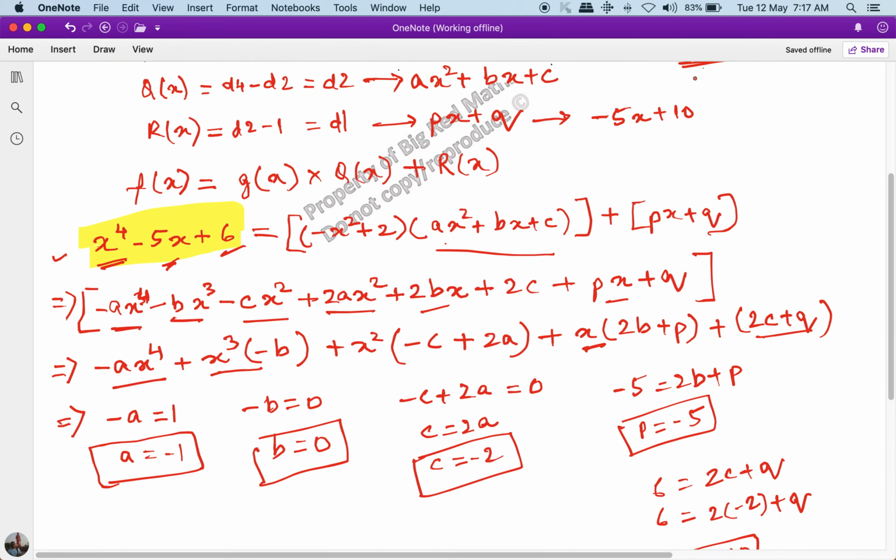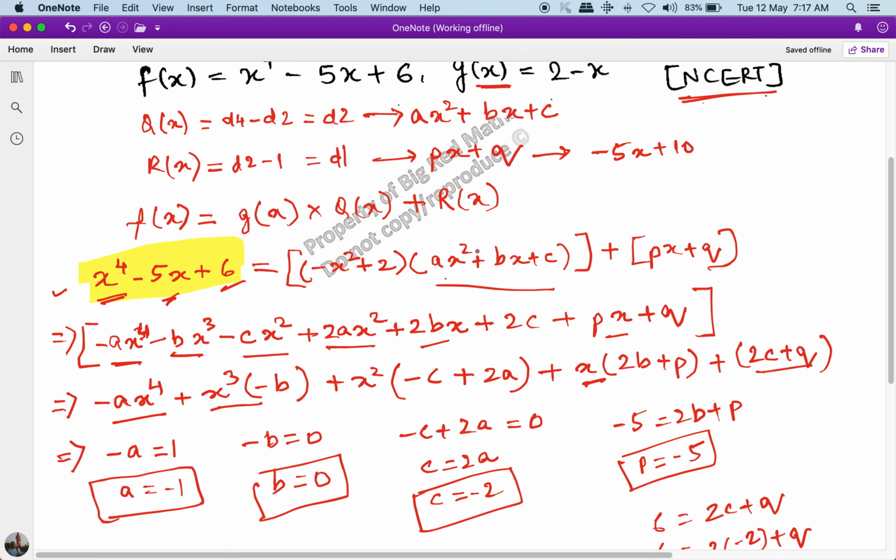And this is the quotient, which is equal to ax square plus bx plus c. So b is 0, a is minus 1, and c is minus 2, so this will be minus x square minus 2. So this is going to be the quotient, and this is going to be the remainder.